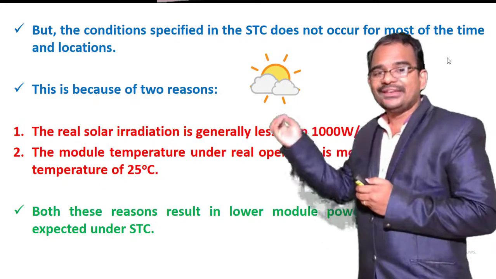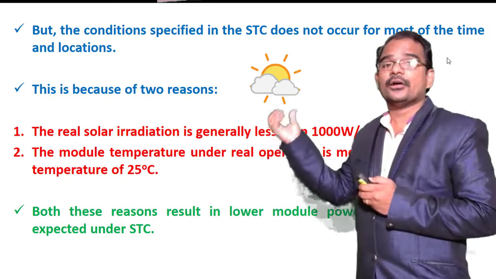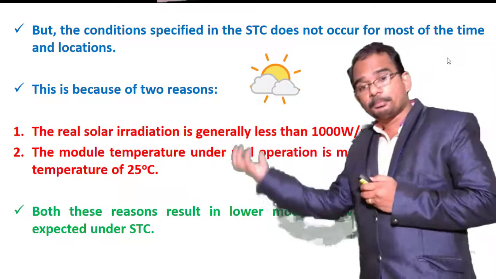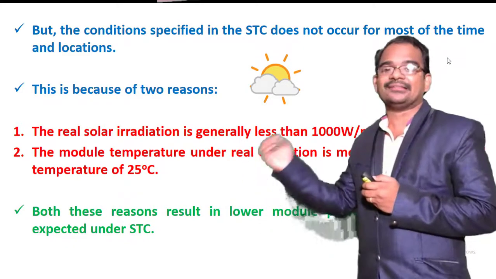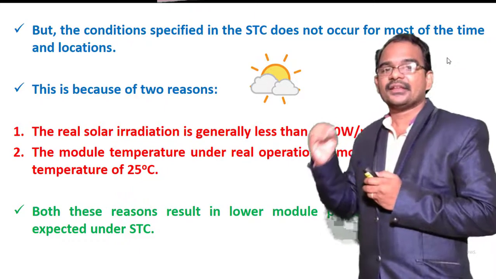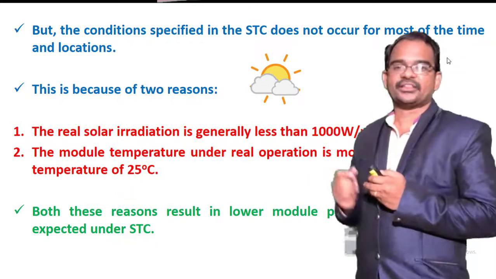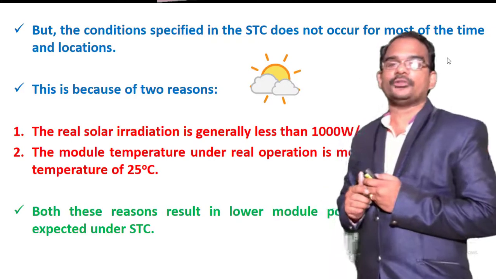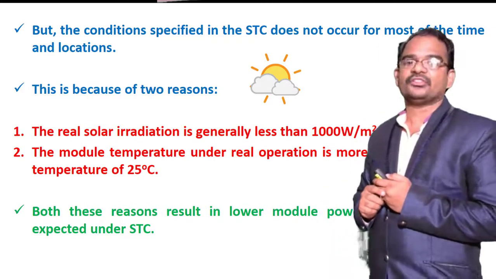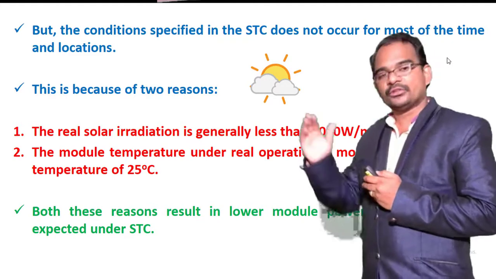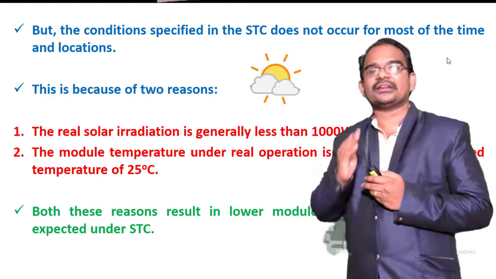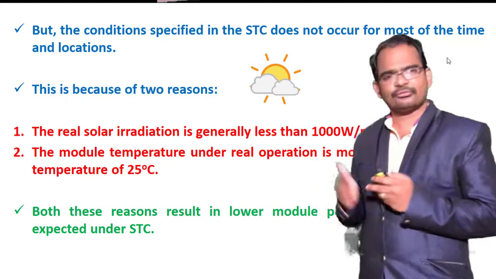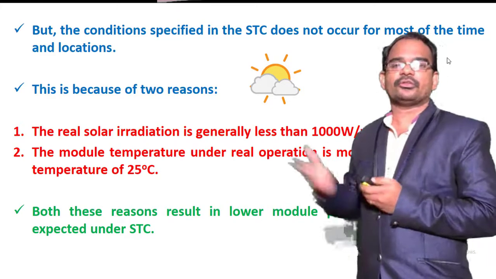So both these reasons result in lower module output power than expected under standard test conditions. For example, at the standard test conditions, if the efficiency of a solar module is 17%, which is specified by the manufacturer, when you take that solar panel and use it in the real-time environment, you will get an efficiency of just 15% only, because of these two reasons.